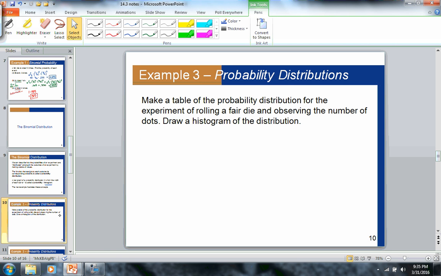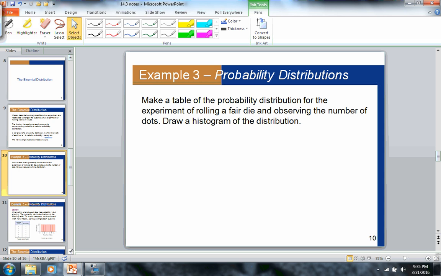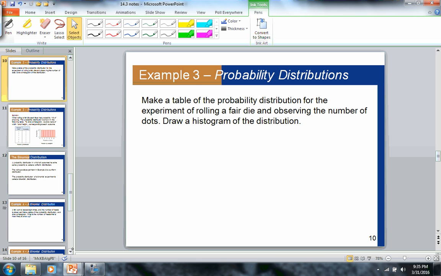So we're going to make a probability distribution for the experiment of rolling a fair die and observing the number of outcomes, the number of dots. Okay. So here we're just rolling the die and seeing what the outcome is. So when we make our table, we'll have our outcome, and then we'll have our probability.